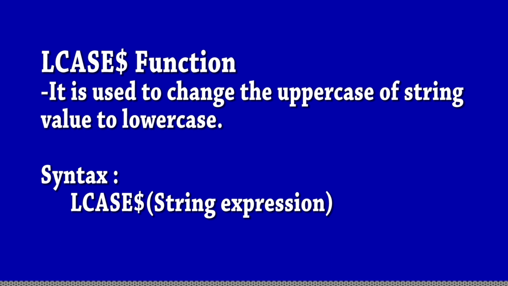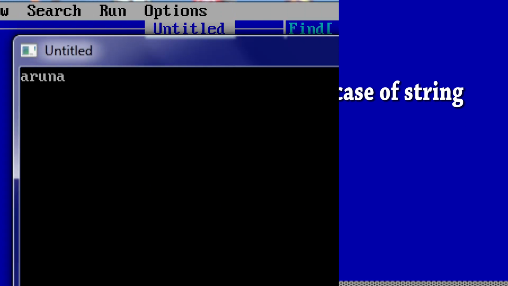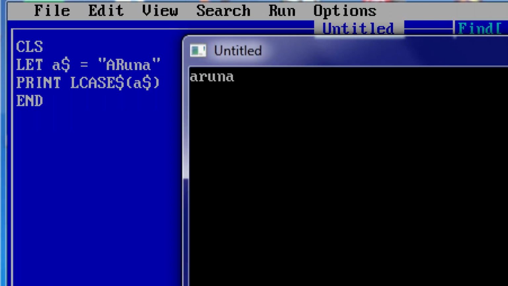But if there is already a small letter in your string, it keeps that letter as it is, and only changes the ones which are in capital. Understood? So here in the example you can see AR is in capital and UN in small. With L case $8, everything is in small letters.